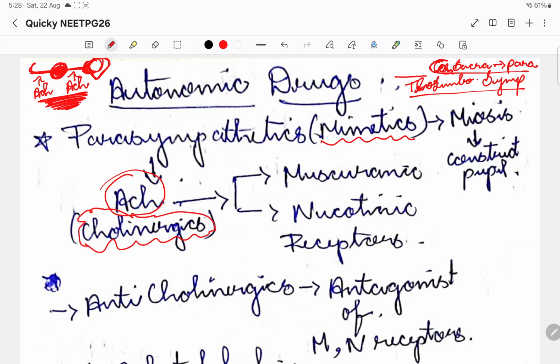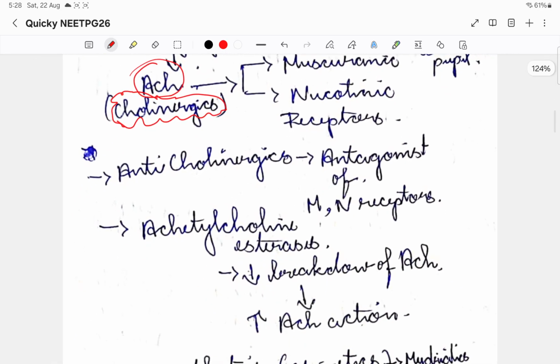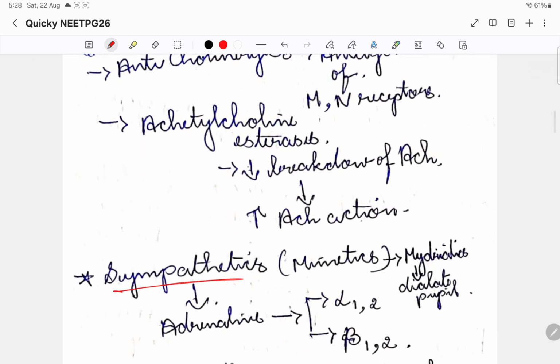Whereas in sympathetics, the preganglionic will be acetylcholine, but after the ganglion, the postganglionic will be catecholamines, that is adrenaline.